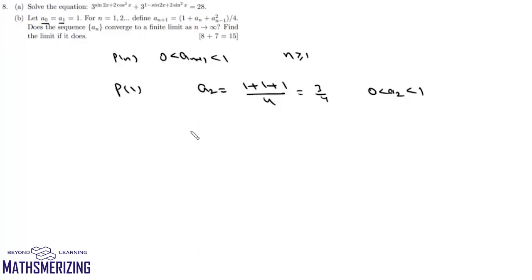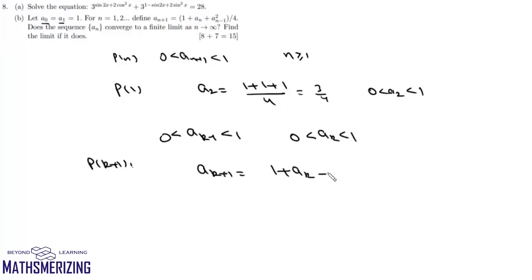So we can write ak minus 1 will lie between 0 and 1, and ak will also lie between 0 and 1. Now we'll need to prove that this statement is true for k plus 1. So for k plus 1, we can write ak plus 1 as 1 plus ak minus 1 square upon 4.